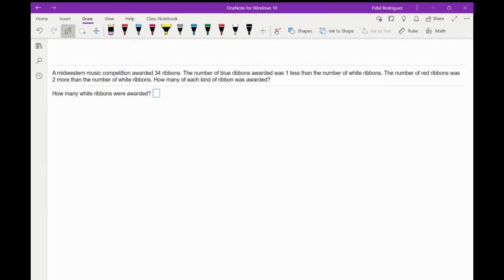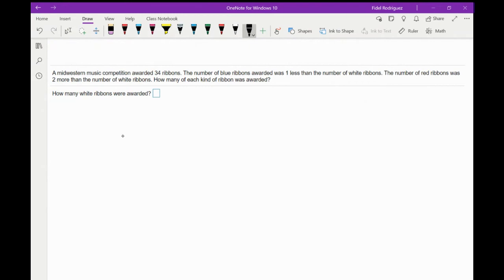And it says, a Midwestern music competition awarded 34 ribbons. Okay, the number of blue ribbons awarded was 1 less than the number of white ribbons. And the number of red ribbons was 2 more than the number of white ribbons.